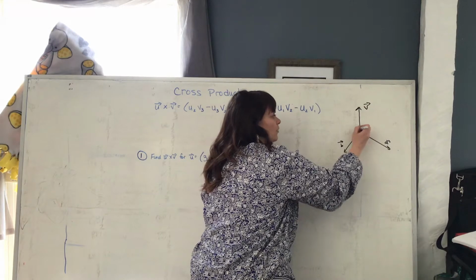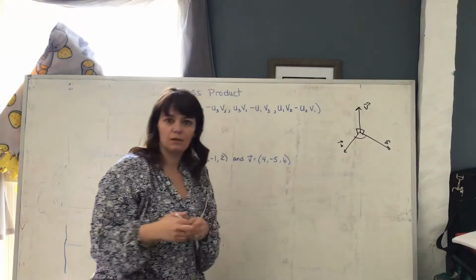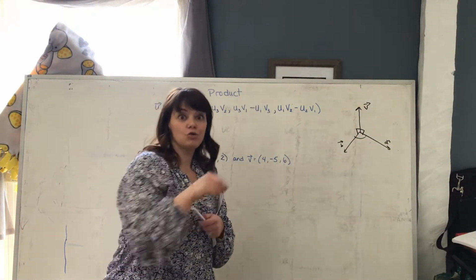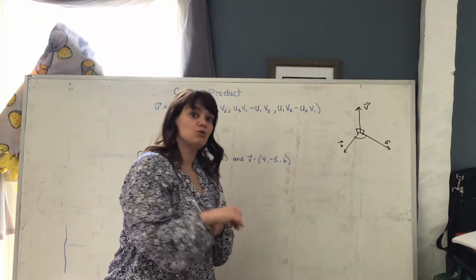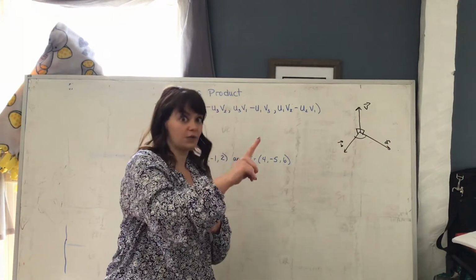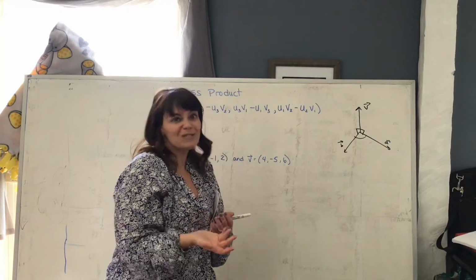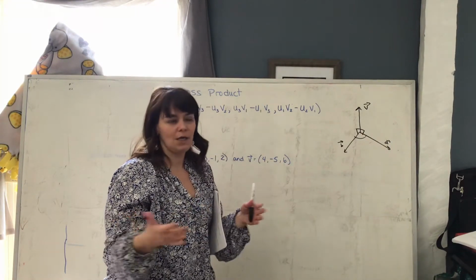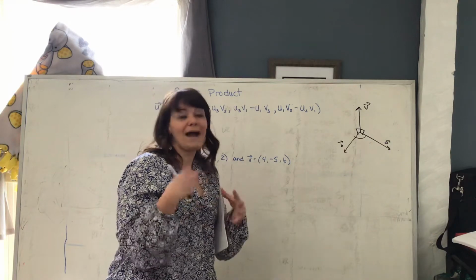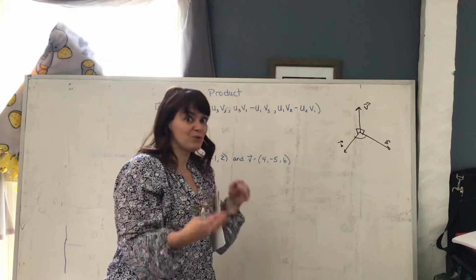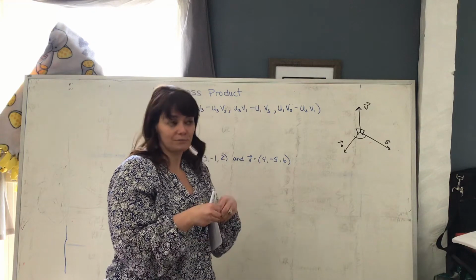It has a right angle with A and a right angle with B. I showed you at the end of the last video how to find a single vector perpendicular to another vector, and that was pretty easy. We could just let either x, y, or z be 0, and then it's pretty easy to create opposites.